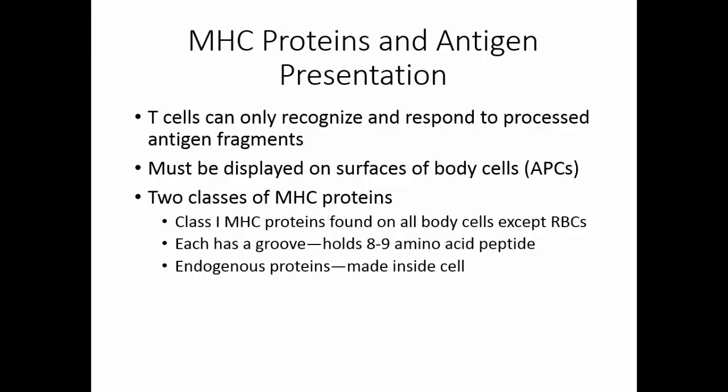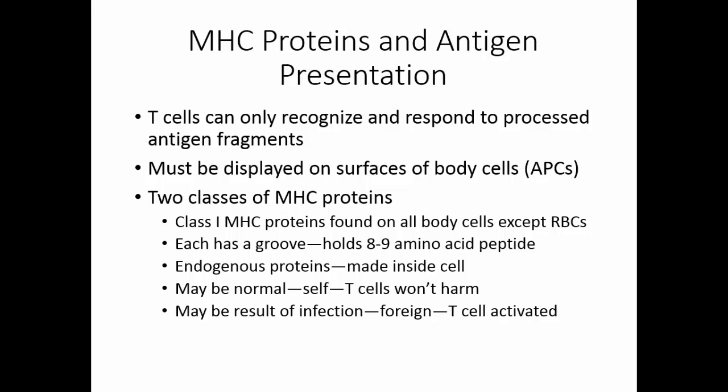They're going to hold endogenous proteins, that is, proteins made inside the cell. Typically, proteins made inside a normal cell are normal proteins. So these little endogenous proteins that will be on the MHC groove will be self proteins. The T cells have been trained not to harm those cells.